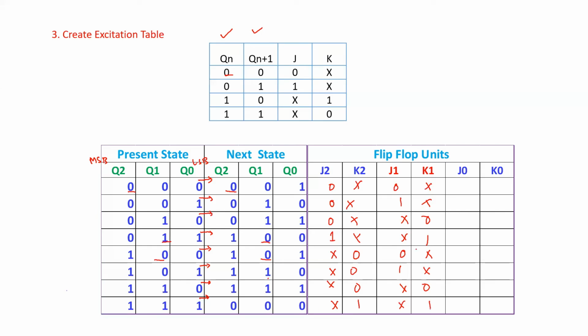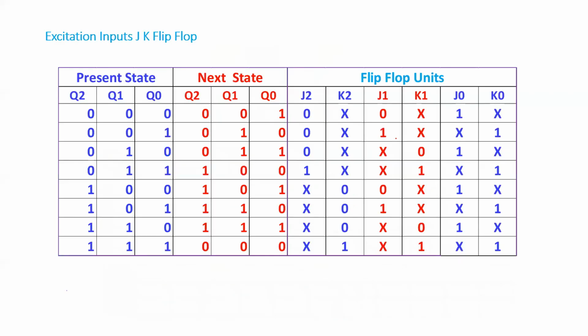So you will note all these things in this particular fashion, and after doing this entire exercise, your truth table will be like this. So here all the states are being filled.